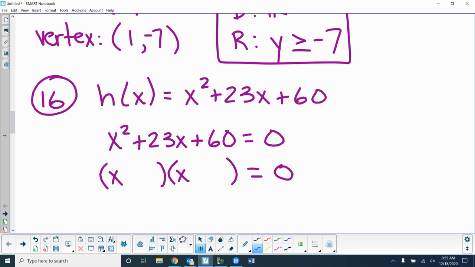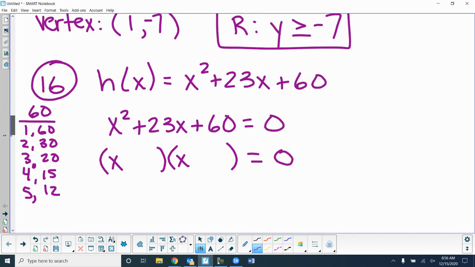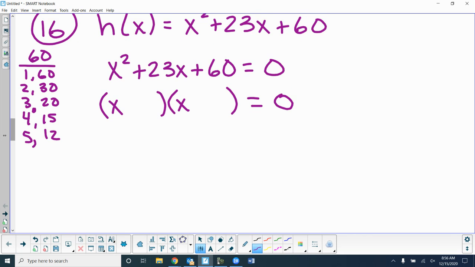So we're looking at factors of 60. All right, so you got 1 and 60, 2 and 30, 3 and 20, 4 and 15, 5 and 12, 6 and 10. That's about it, right? Do any of those add up to 23?